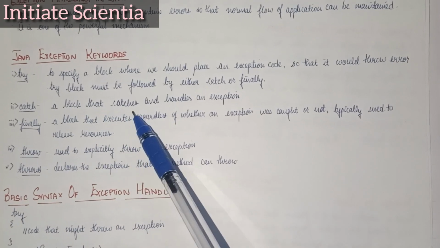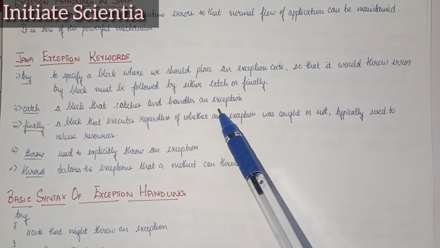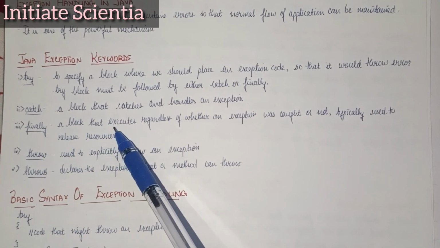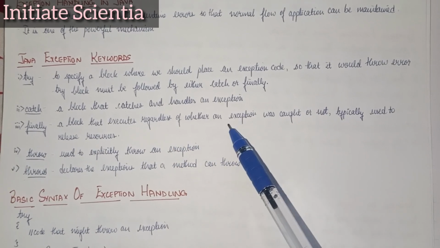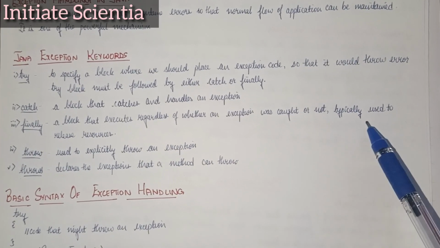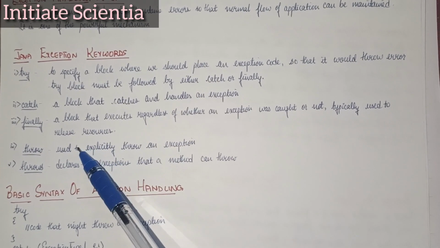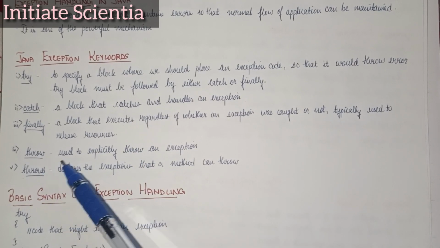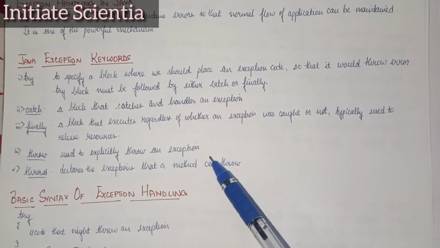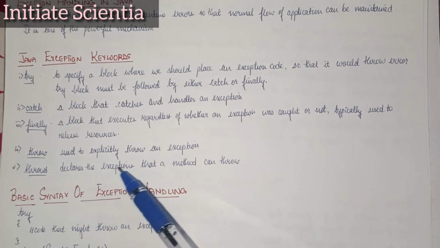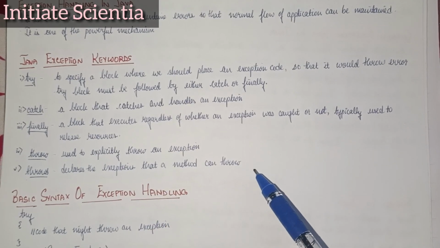Catch. A block that catches and handles an exception. Finally, a block that executes regardless of whether an exception was caught or not, typically used to release resources. Throw. Used to explicitly throw an exception. Throws. Declares the exceptions that a method can throw.